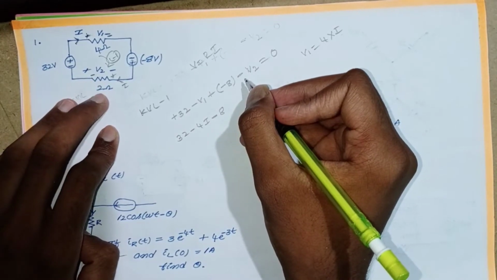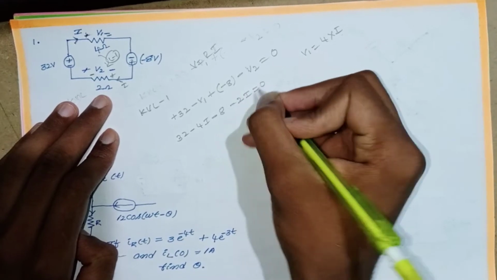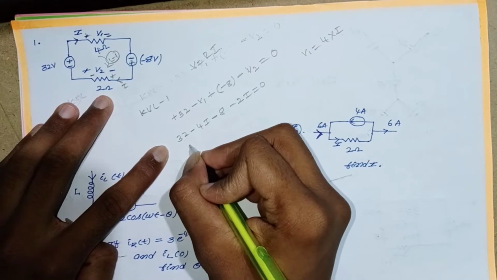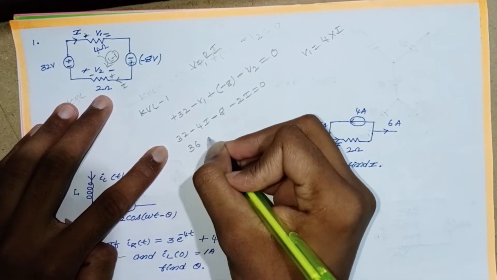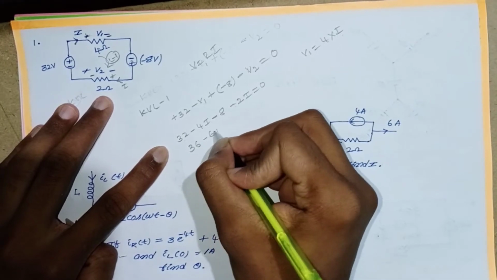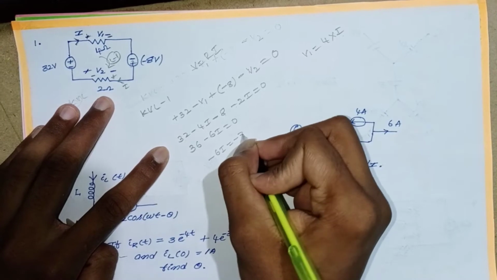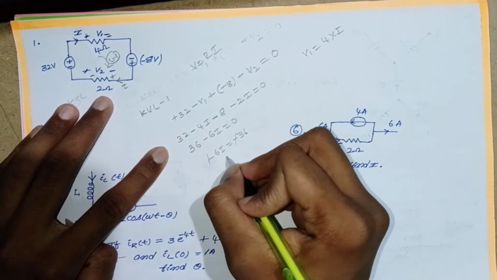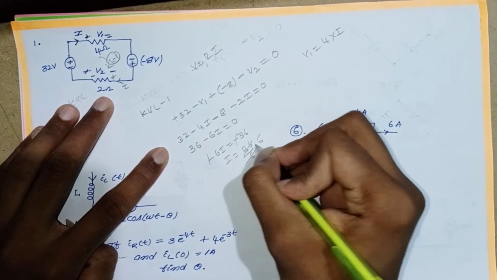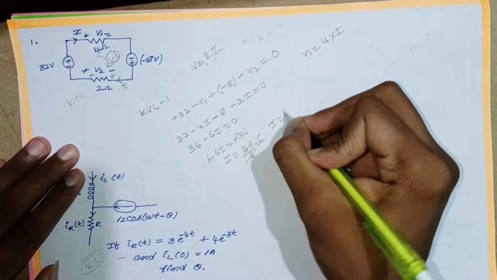V2 is 2 into I, minus 2I is equal to 0. 32 minus 8 is 24. 24 minus 4I minus 2I is minus 6I is equal to 0. Minus 6I is equal to minus 24. The minus gets cancelled. I is equal to 24 by 6. 6 fours are 24. So we get I is equal to 4 ampere.